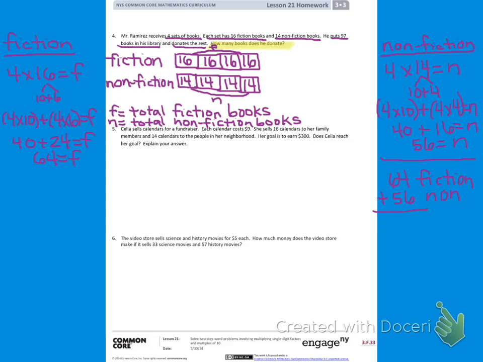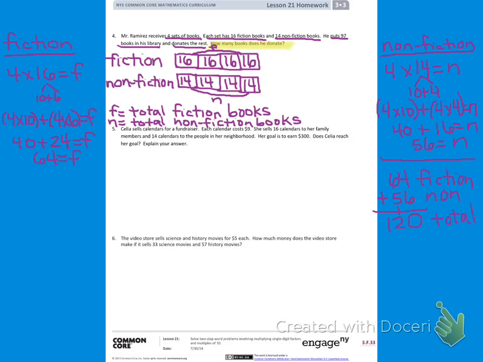6 ones plus 4 ones is 10 ones. I'll put a 0 in the ones column and a 1 in the tens column. 6 tens plus 5 tens is 11 tens, plus 1 more is 12 tens. So he received a total of 120 books.